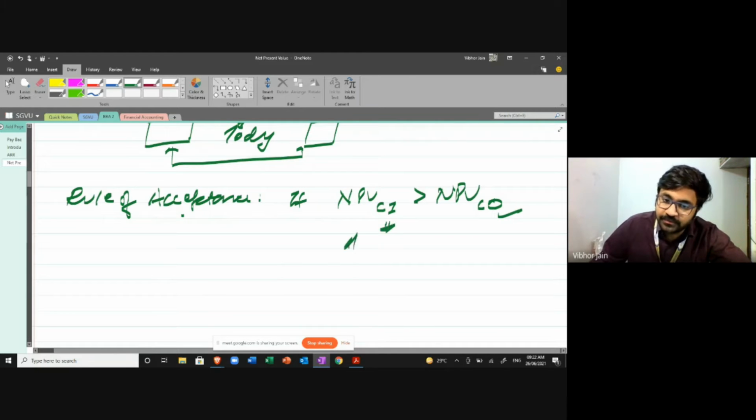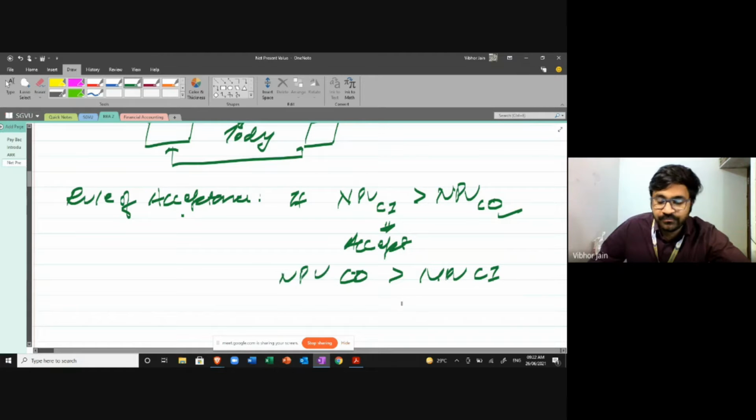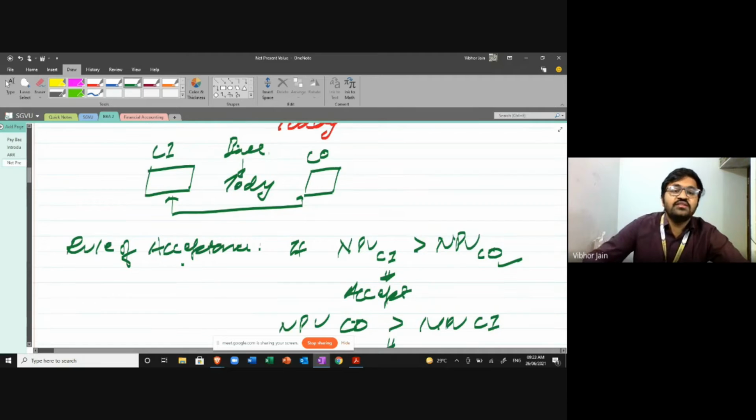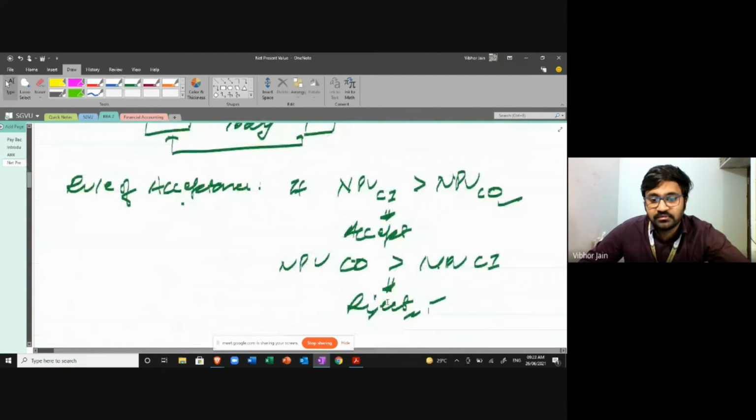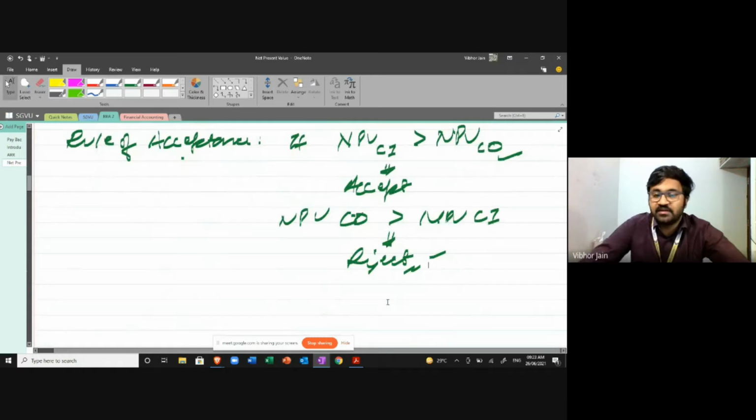And if the net present value of cash outflow is more than NPV of cash inflow, then we are going to reject the proposal. This is a very easy and a very basic understanding of this net present value method.